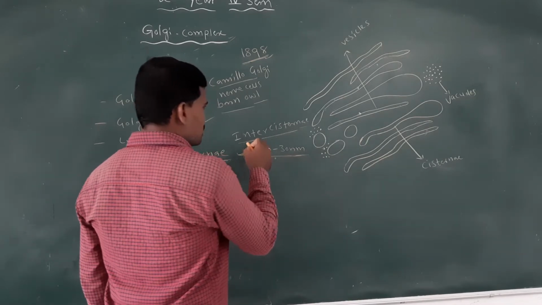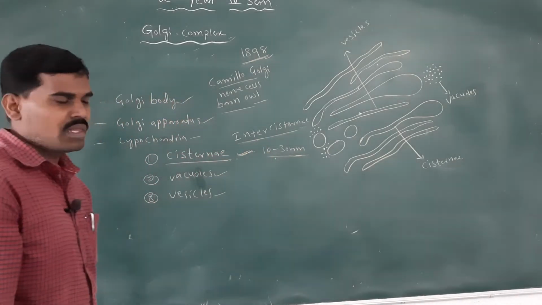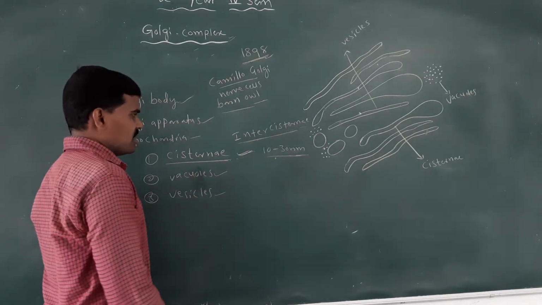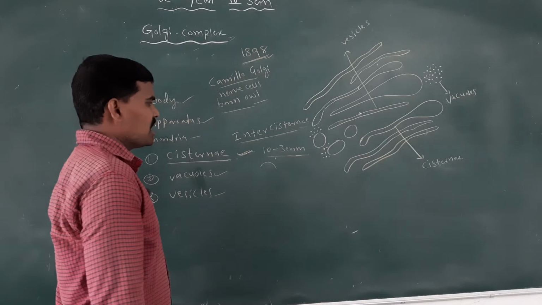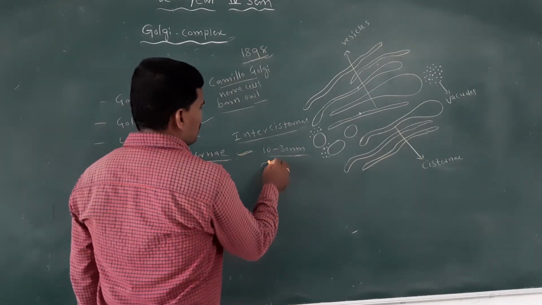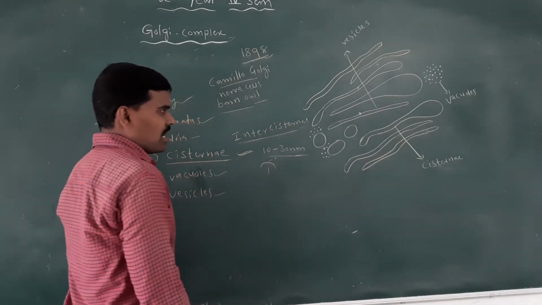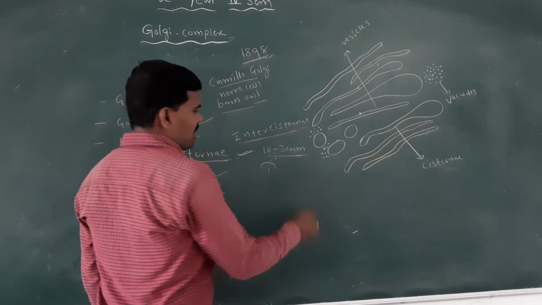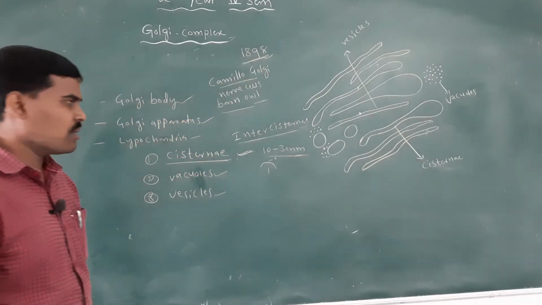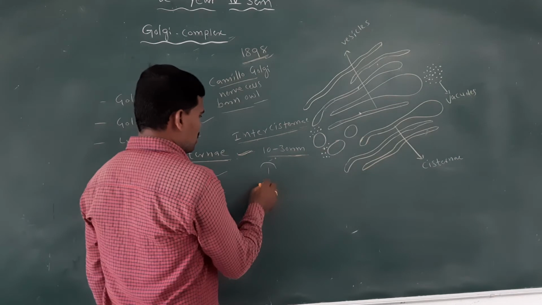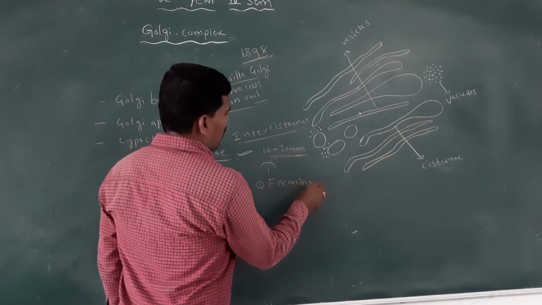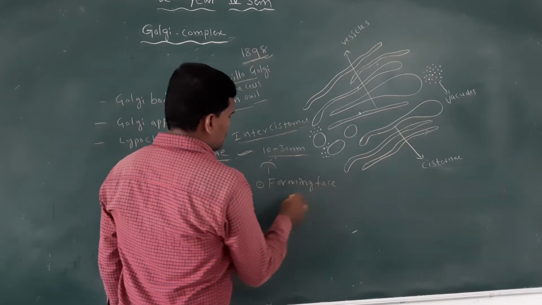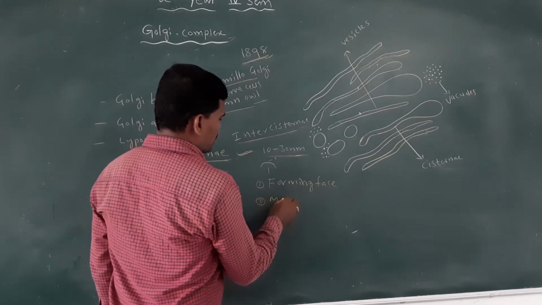The cisternae have two faces: the convex surface and the concave surface. These form two phases. One is the forming phase, the second one is the maturing phase.